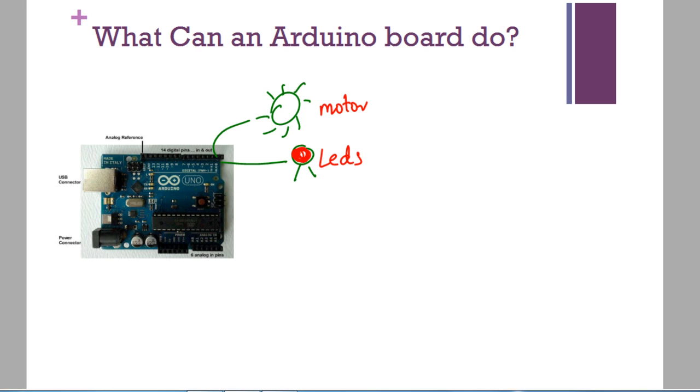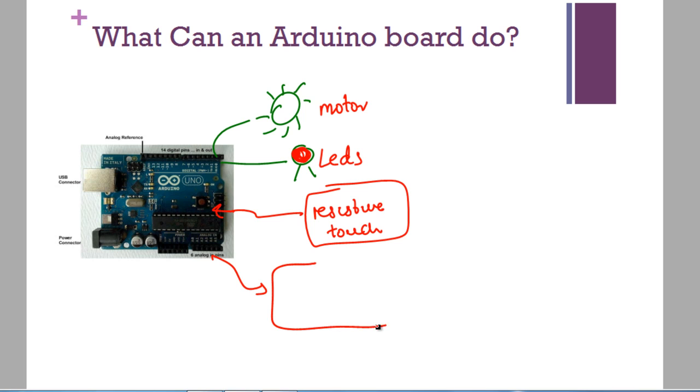It can help you interface with slightly more advanced concepts like resistive touch. That is, if you want to take a touch input from your finger, you can actually interface that with an Arduino board. You can also use character displays. Say you want to display hello world in caps, or you want to display Aduvance.